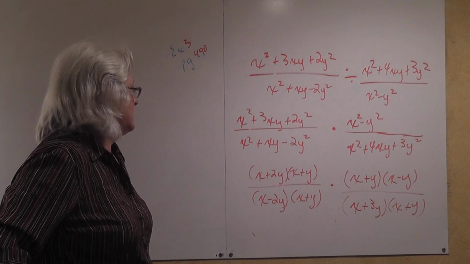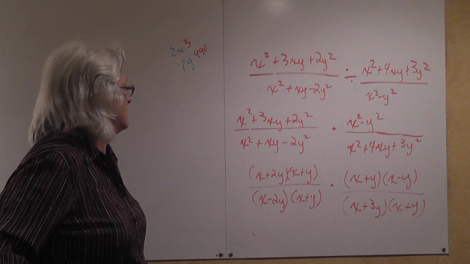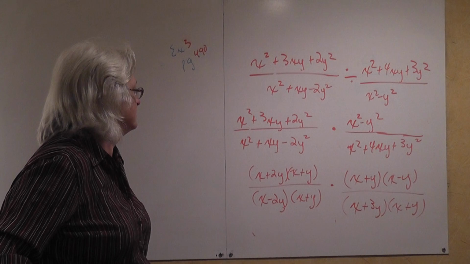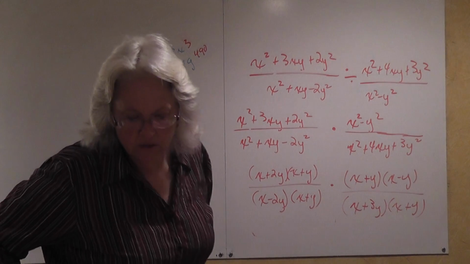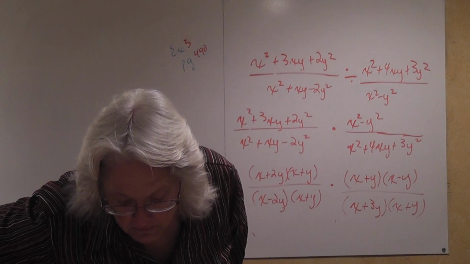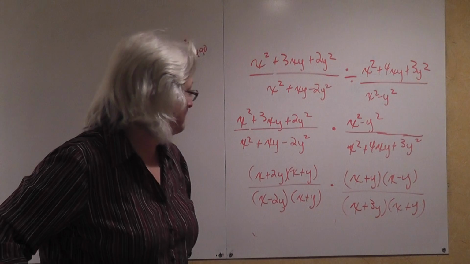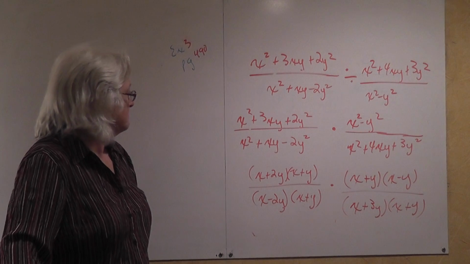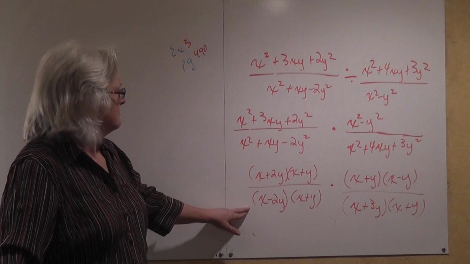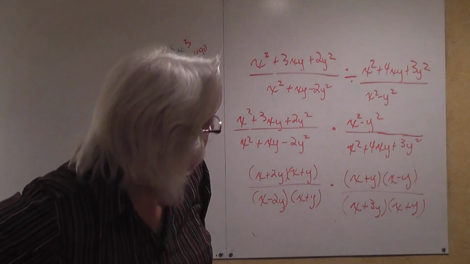X minus y, x minus 2y, x plus y's cancel. Okay, this is looking like I have missed something. Did I copy something wrong?